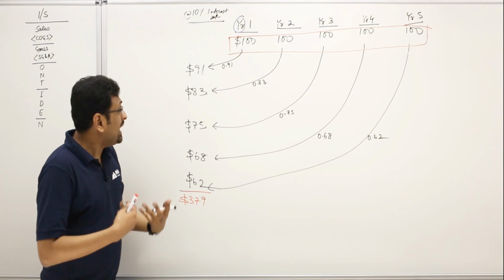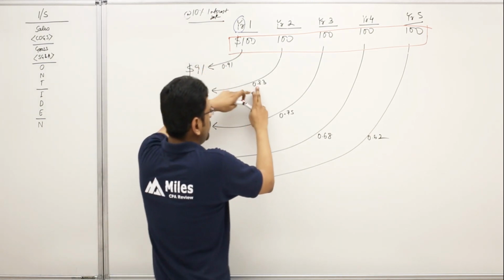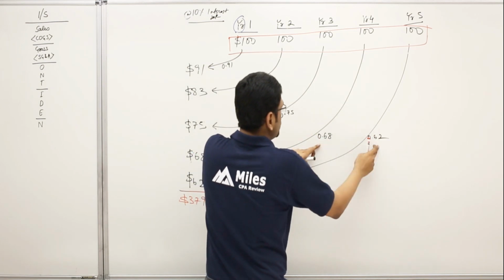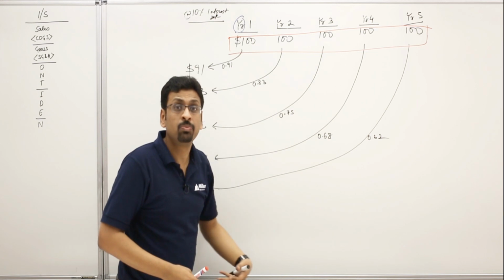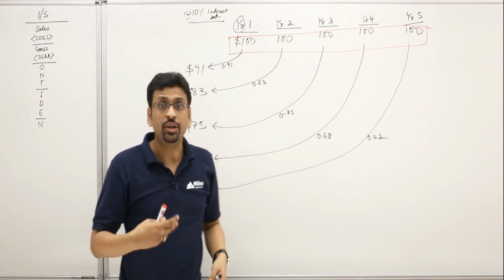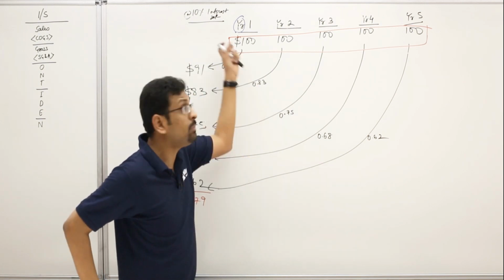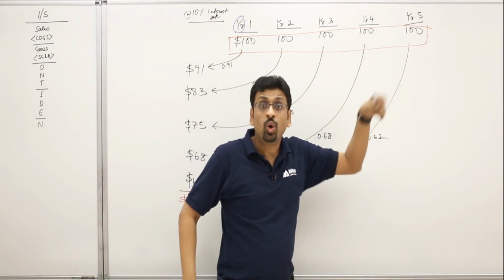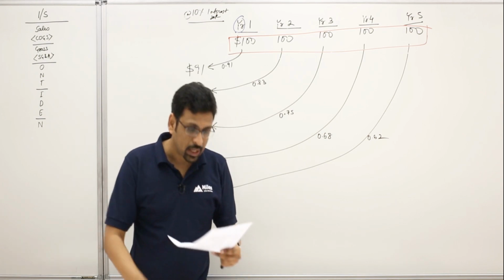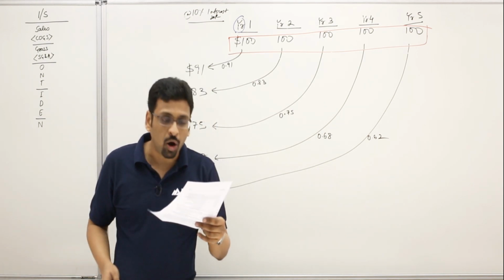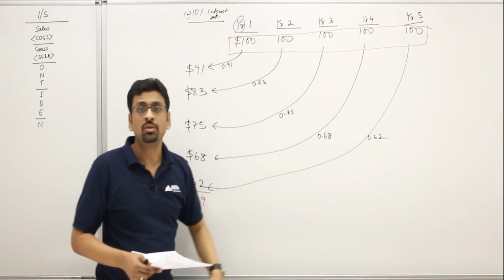So now, instead of doing all these calculations, 0.91, 0.83, 0.75, 0.68, 0.62, so that was the present value of $1 after each year, I could have instead used a present value of annuity table. It's the same cash flow coming in every year. So if I use the present value of an ordinary annuity table, this annuity is coming in for how many years? 5 years.